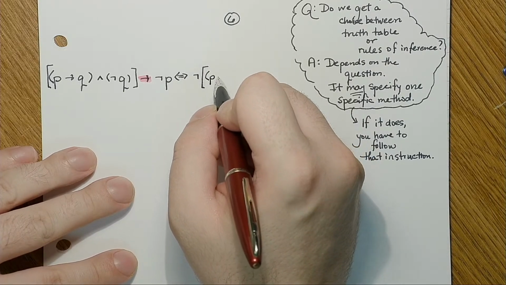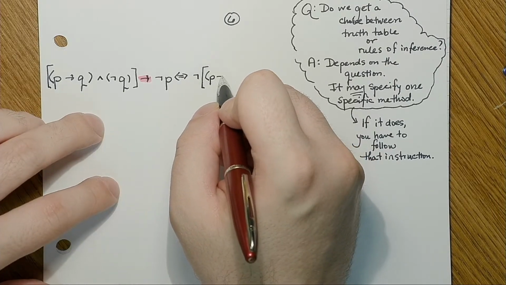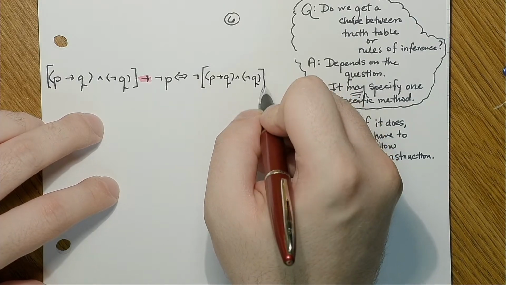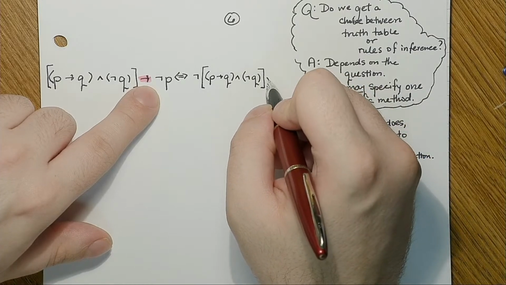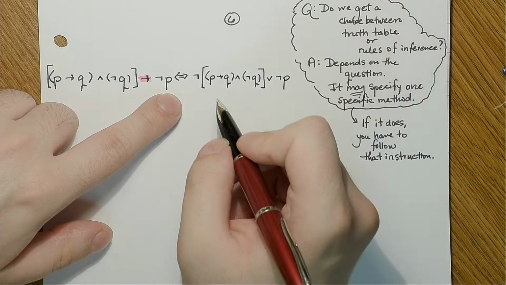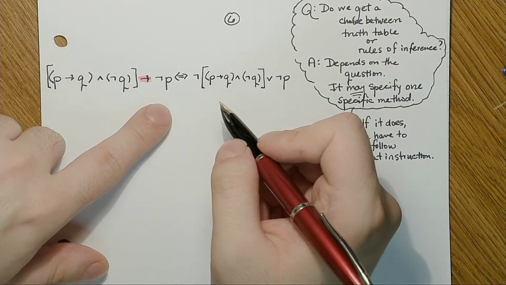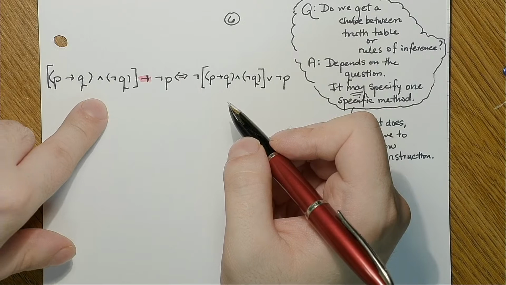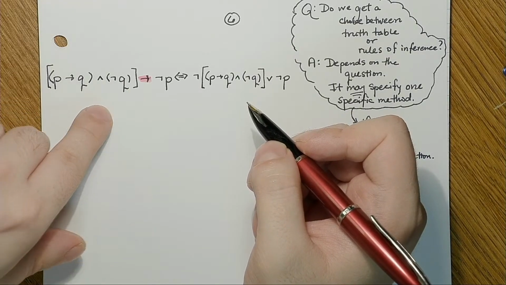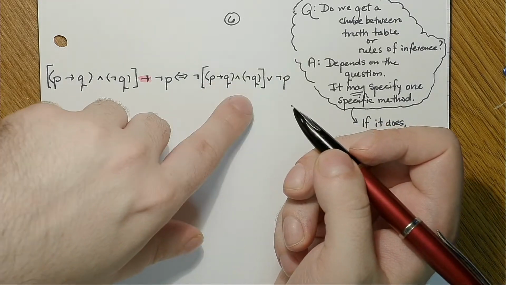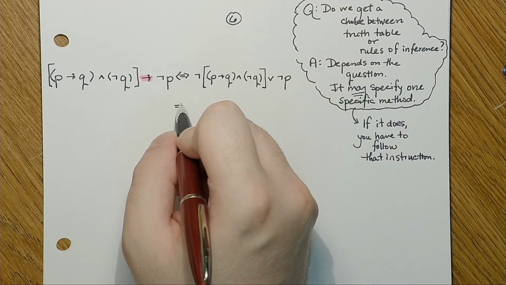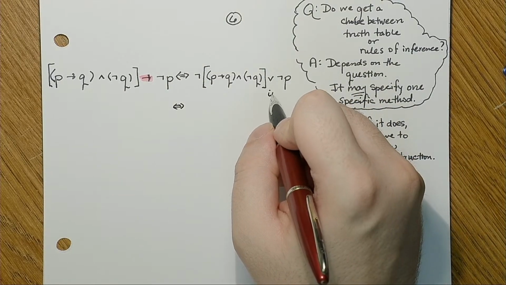So not, and then I have a bracket, P implies Q and not Q. That's now an or, not P. Again, to do the implication, the first proposition implies the second proposition is logically equivalent to not the first or the second. Here's the implication.